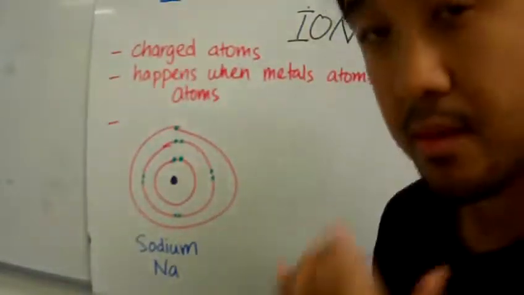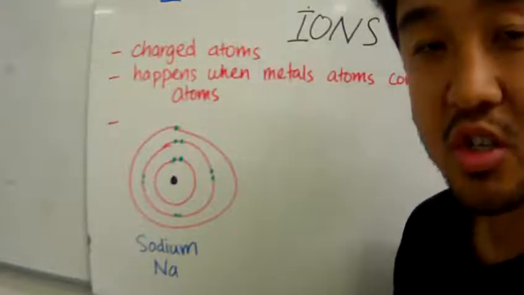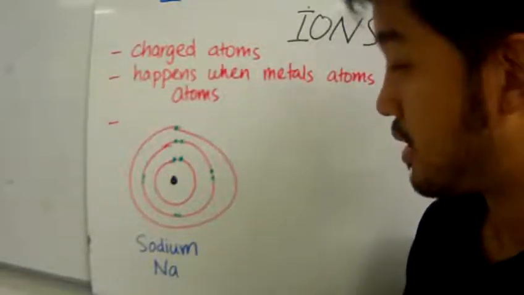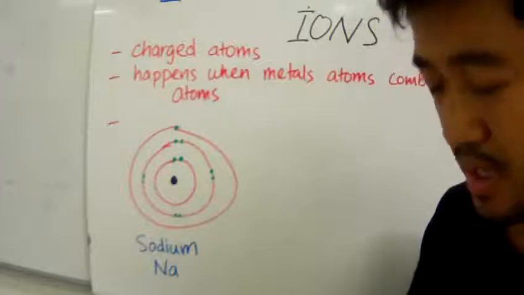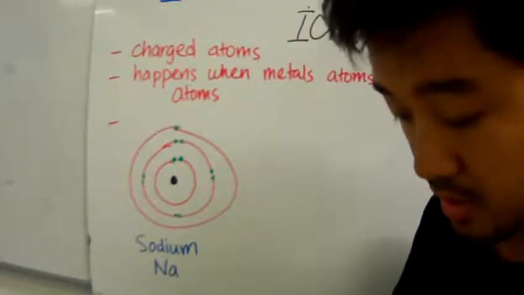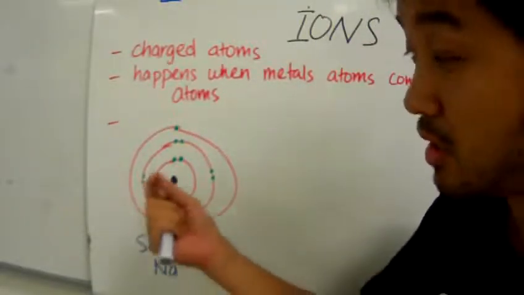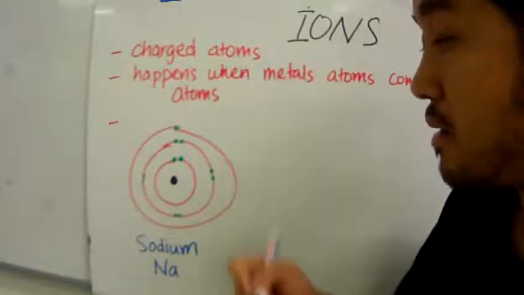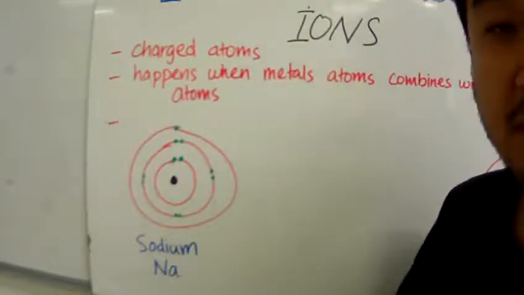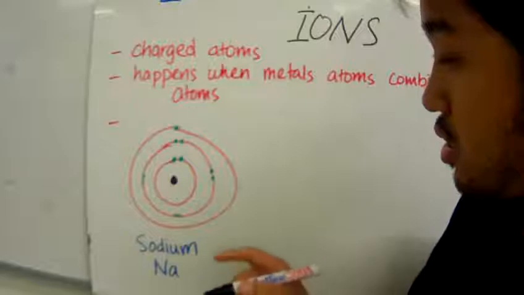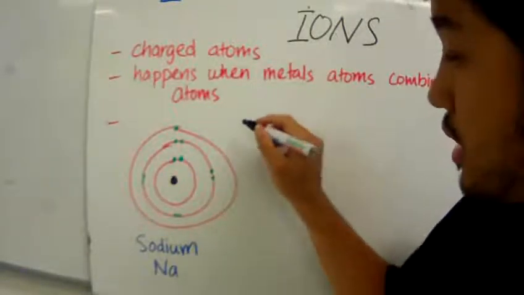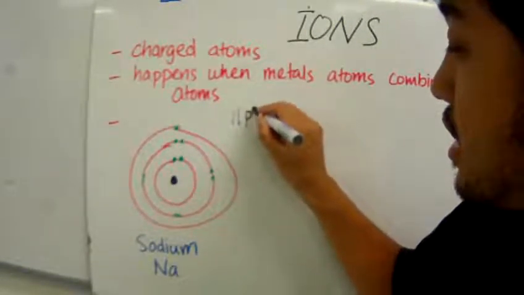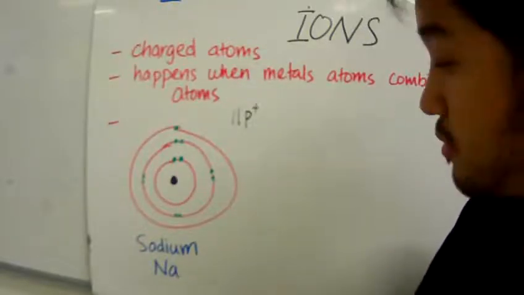Here we have the atom structure of sodium. I didn't really draw out the nucleus because it's going to take up a lot of space. But be aware that for sodium, you will have 11 protons in there, all right?